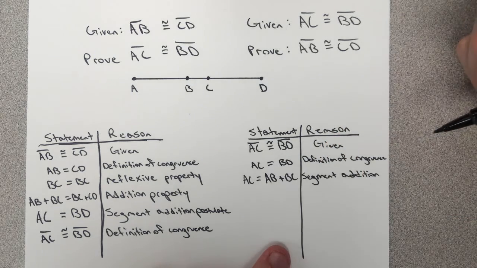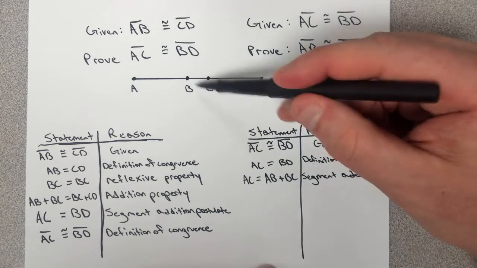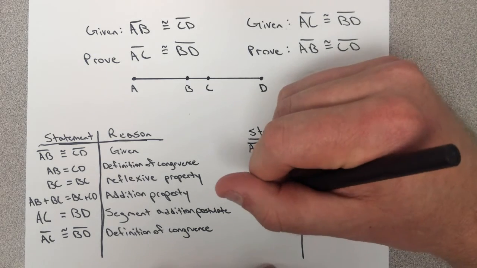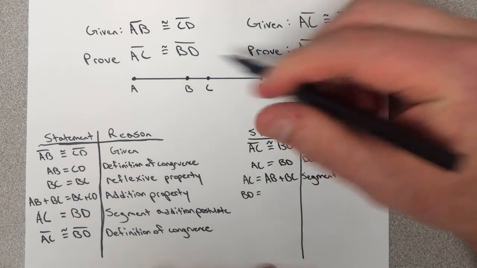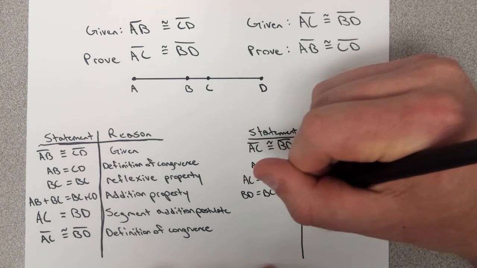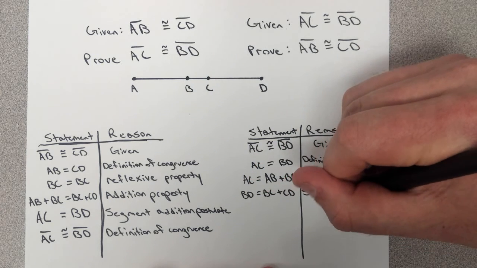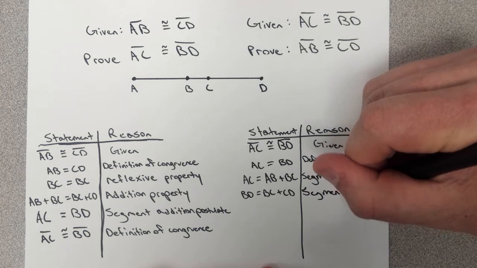I'm just going to leave postulate off because I don't have enough room. I could also say that BD is equal to BC plus CD. Again, the segment addition postulate tells us that.